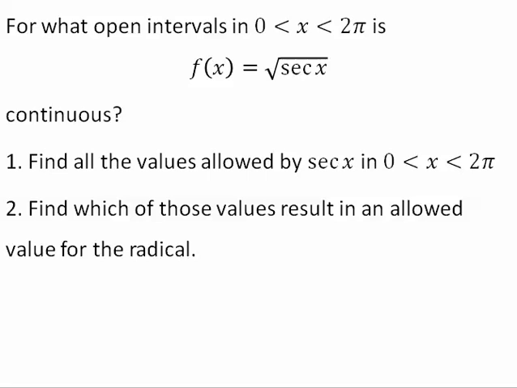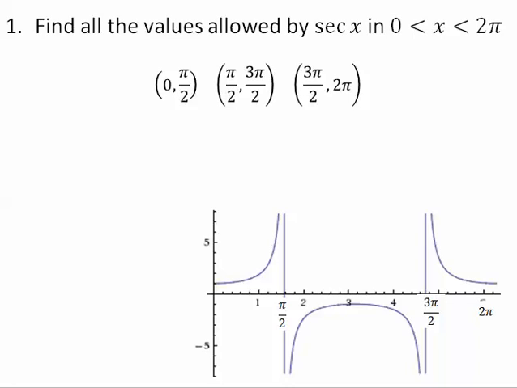So step 1, find all values between 0 and 2 pi allowed by secant. Secant is 1 over cosine. So all the values between 0 and 2 pi that are allowed by secant are the open intervals from 0 to pi over 2, from pi over 2 to 3 pi over 2, and from 3 pi over 2 to 2 pi.